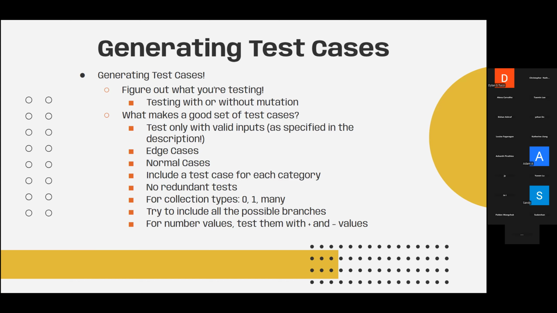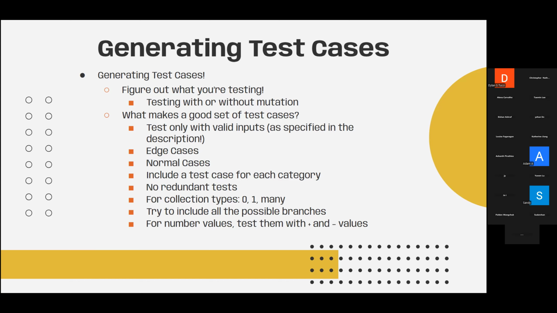Secondly, we need to try to think of edge cases. For example, in a minimum function, we can think: what if we have negative? What if we have positive? And what if we have zero? Then we can think of some normal cases, cases that we could always just put in whenever we run our code.